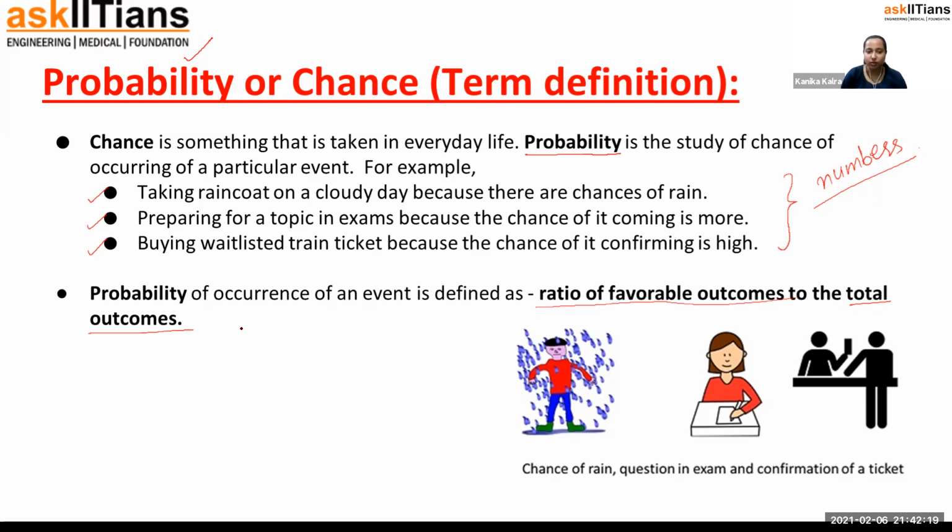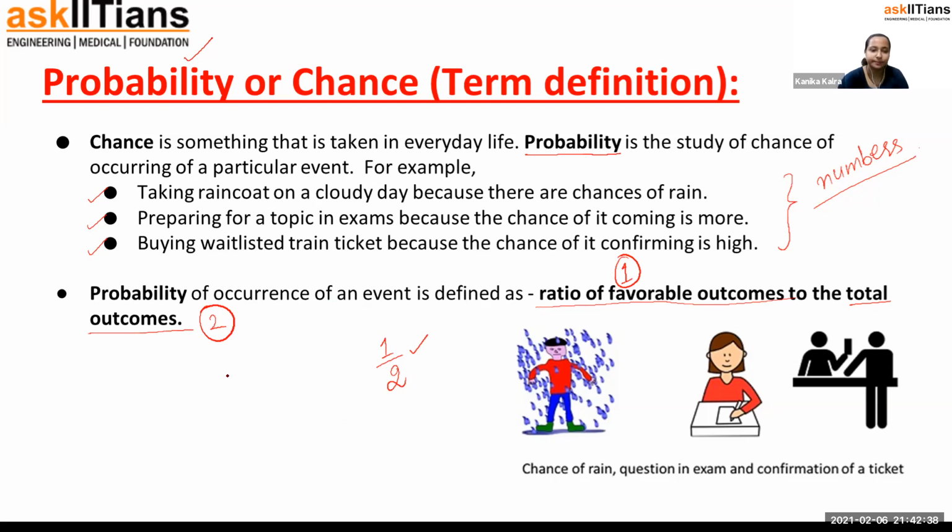So total outcomes are 2 and favorable outcome is 1. We want that it should rain. So probability comes out to be 1 by 2. This is how you represent an uncertain situation with the help of numbers. This concept is known as probability.